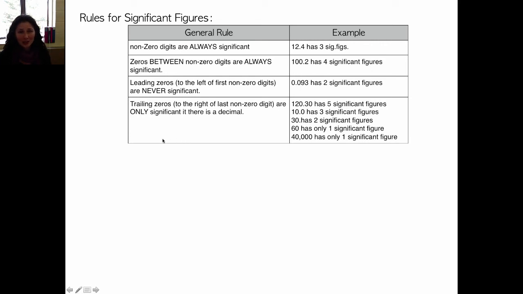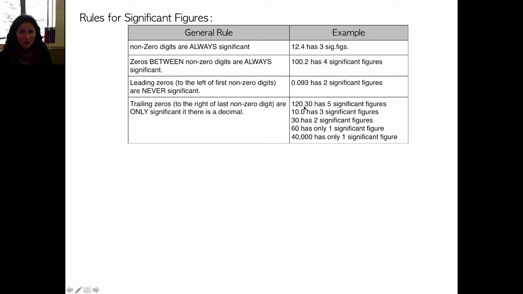Trailing zeros, on the other hand, are significant sometimes and not significant in other times. So the rule is that trailing zeros are the ones that are to the right. So we're talking about this one, these 2, this one, and these 4. They're all to the right of the non-zero digits. So these things are only significant if there's a decimal.